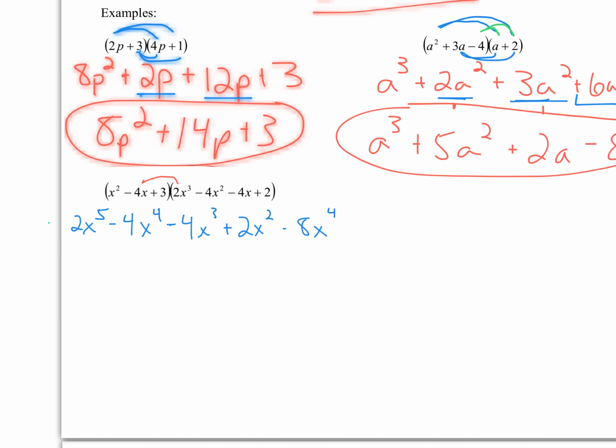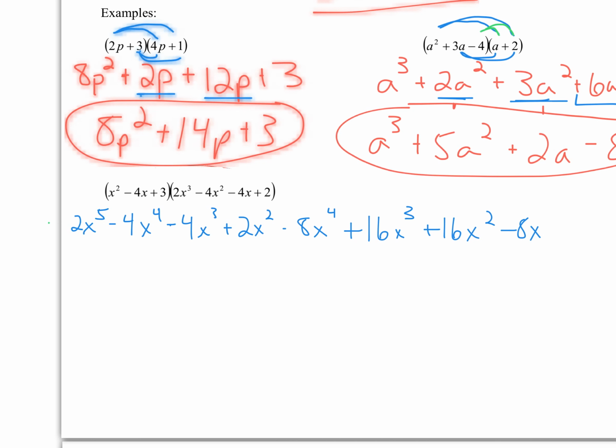Negative 4x times negative 4x squared, plus 16x cubed. Negative 4x times negative 4x, that would be plus 16x squared. Negative 4x times positive 2, negative 8x. Another one down, so we have just the 3 left to distribute.